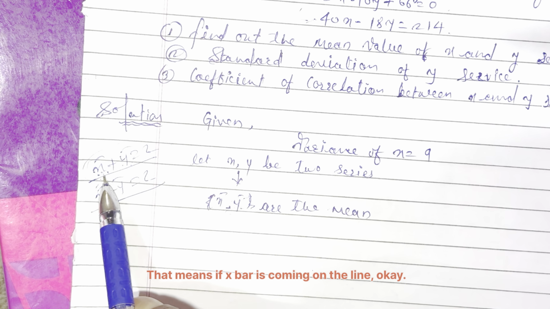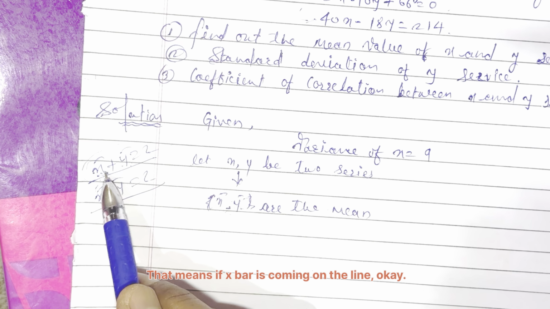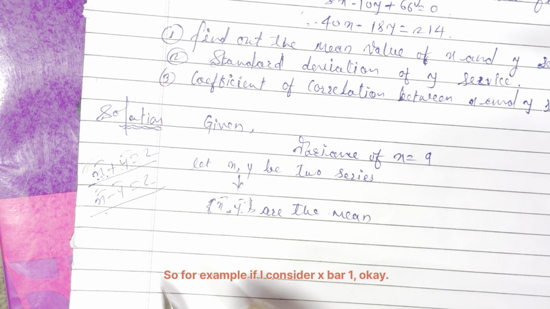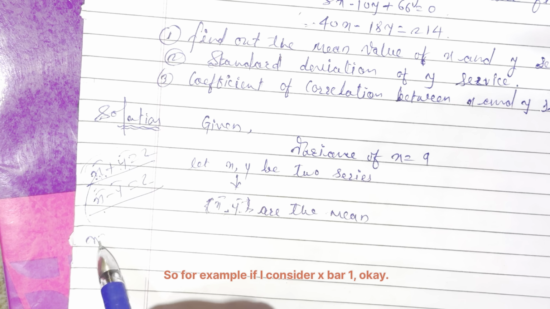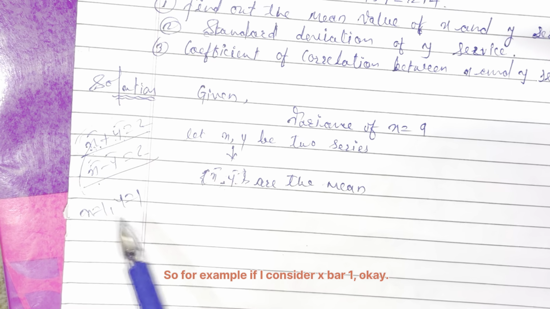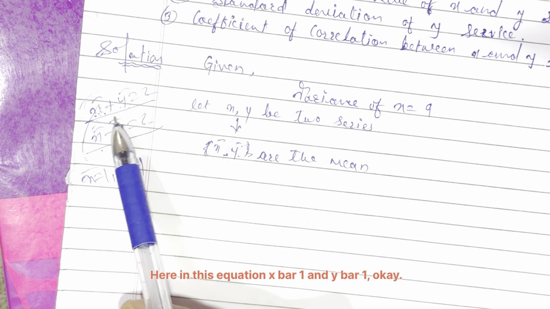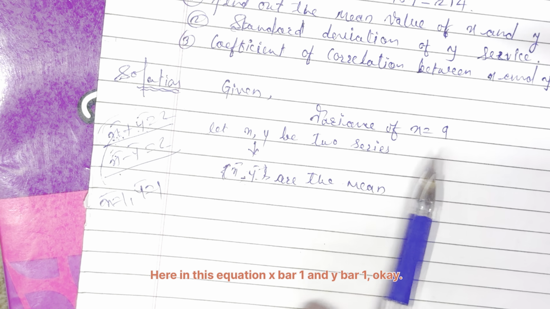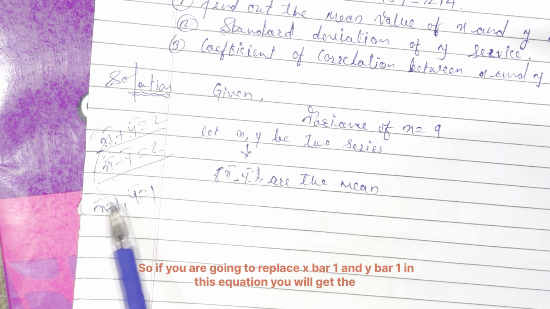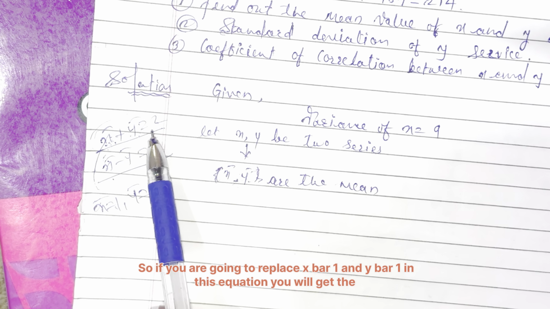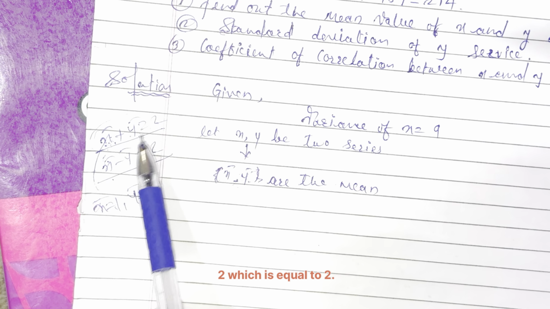That means if x bar is coming on the line, for example, if I consider x bar 1 and y bar 1 in this equation, and replace them, you will get 2 equal to 2.